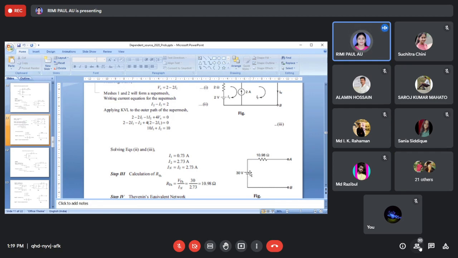Just divide the voltage source by this resistance, and you can convert it into a current source, and then it will be converted from Thevenin's equivalent to Norton's equivalent. So same problem. This is the easiest problem, but here there is another technique where they have connected a 1 ampere current source and solved it, but I won't tell you this method.